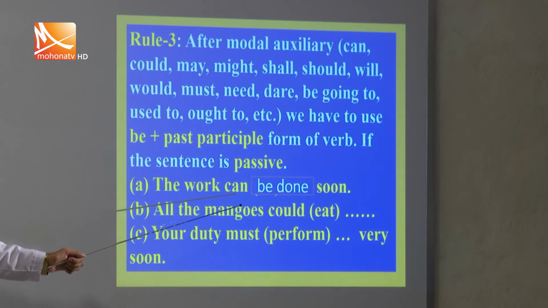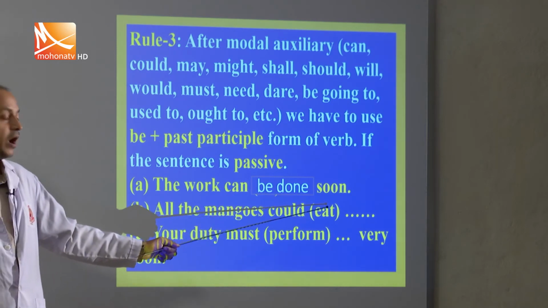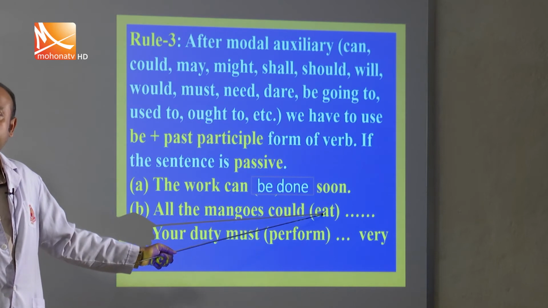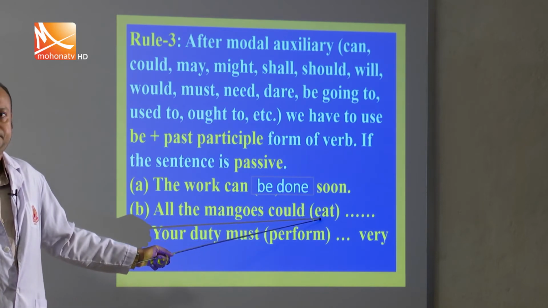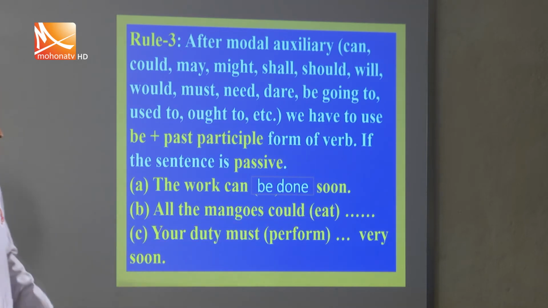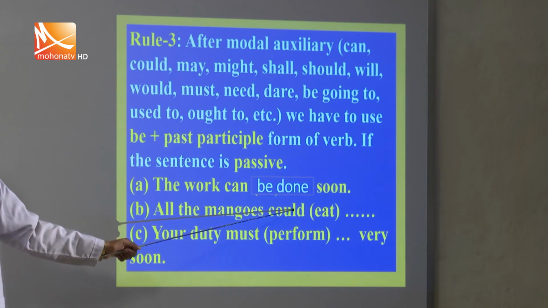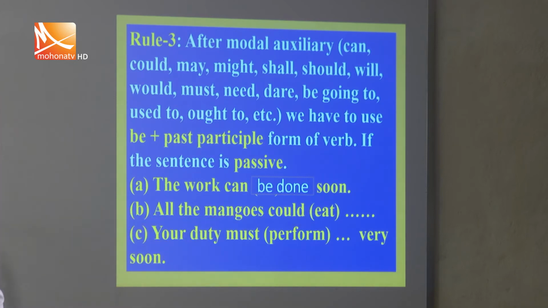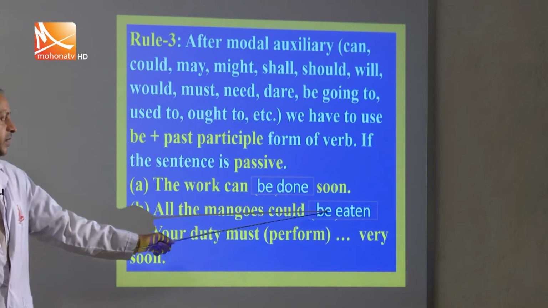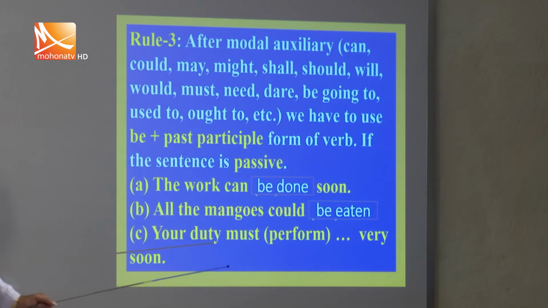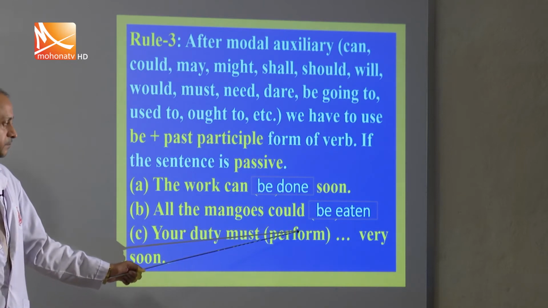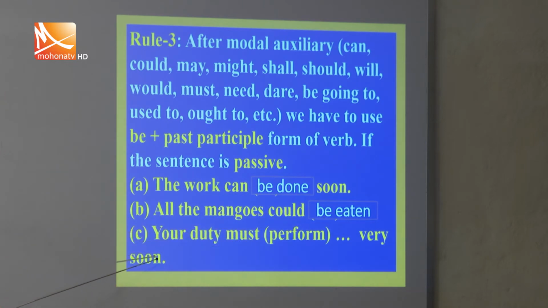So, when the subject cannot perform the verb, this sentence will be known as a passive sentence. So, in a passive sentence, according to the rules, after the modal auxiliary could, we have to use be and then V3 of eat. What is the V3 of eat? Eaten. Could be eaten.